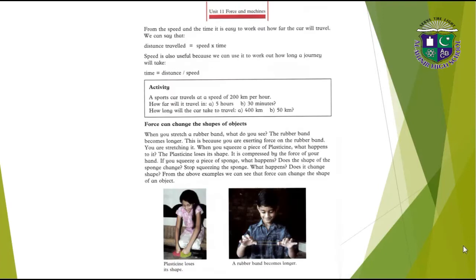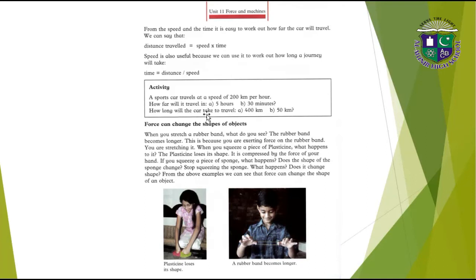Next students, we have these formulas. We can calculate the distance traveled and the time. Distance traveled is equal to speed into time, and to calculate the time period we have this formula, distance divided by speed. So here we have the activity. A sports car travels at a speed of 200 kilometers per hour. How far will it travel in 5 hours and 30 minutes?